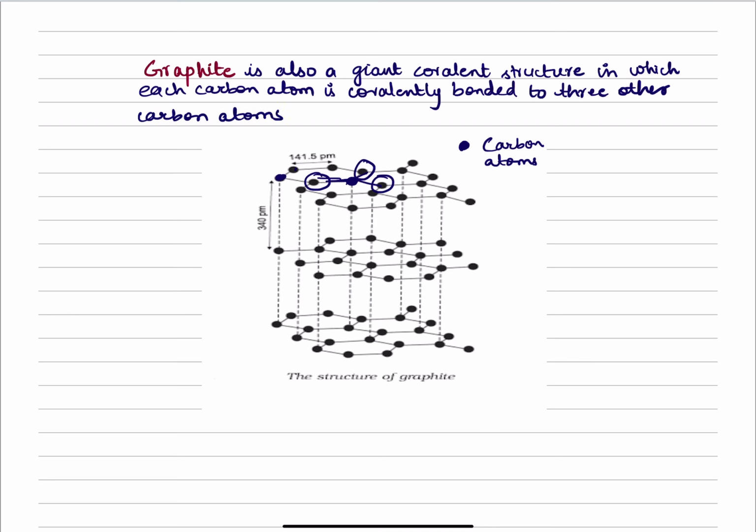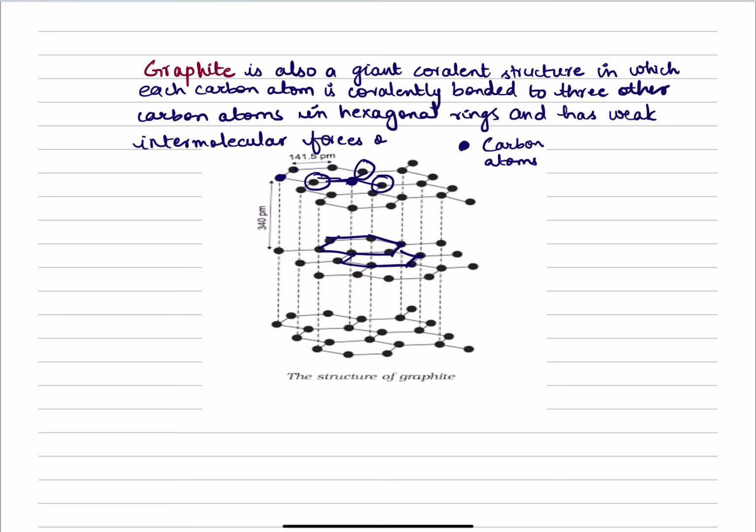The atoms are arranged in hexagonal rings. You see these rings? These are hexagons: 1, 2, 3, 4, 5, 6. And graphite has weak intermolecular forces of attraction between the layers.